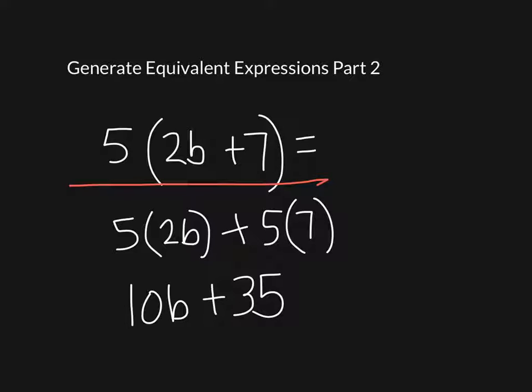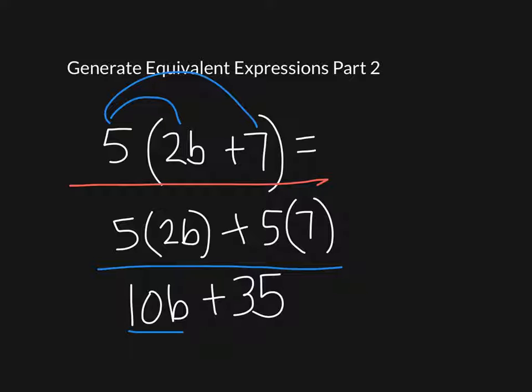As we said yesterday, I can change this problem into this problem by distributing that 5 to multiply by that, and then that 5 to multiply by that. If I do that, I can then multiply 5 times 2. That's going to equal 10, and then the b just goes along for the ride, so 10b.